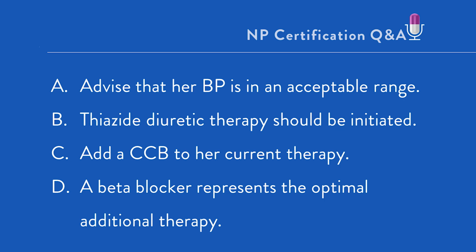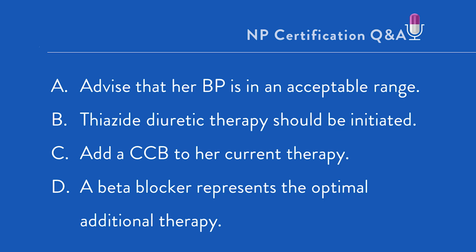So let's take a look at the information presented and how it relates to the question choices provided. We're being told that she's adherent and taking an appropriate dose of an antihypertensive med, right? If you're being told the patient is taking their med properly and they're on an appropriate dose, those two pieces of information are in fact true.